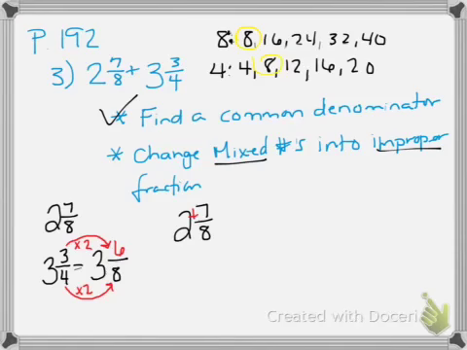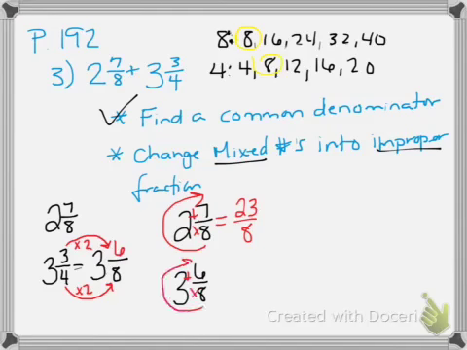So I'll put my T and my X, and I'll go from bottom to top. 8 times 2 is 16, plus 7 will give me 23 over 8, and 3 6/8. There's my T and my X, my plus and multiplication sign, or addition and multiplication sign. 8 times 3 is 24, plus 6 is 30 over 8.